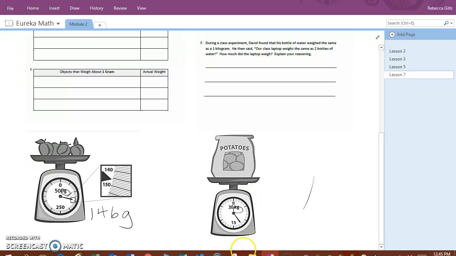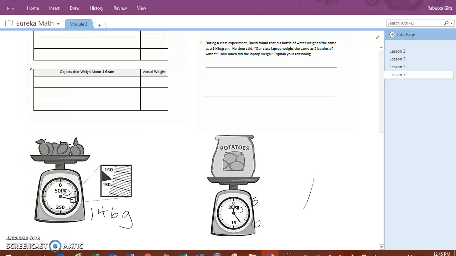So here we're looking at this tick mark, and it says this is 15 kilograms. If I go back, I can see another really dark mark here and another one here. Each little tick mark is worth 1, so the big ones are worth 5. So this would be 5 kilograms, this would be 10 kilograms, this would be 15 kilograms.